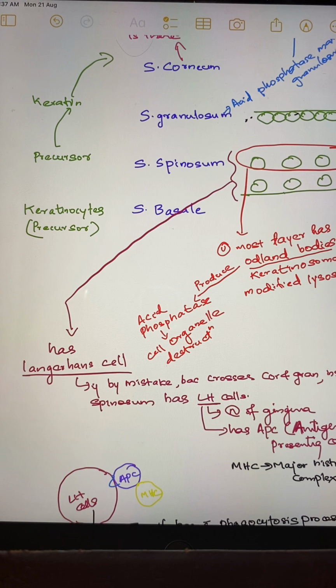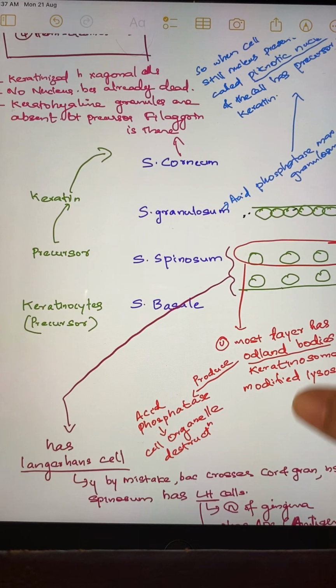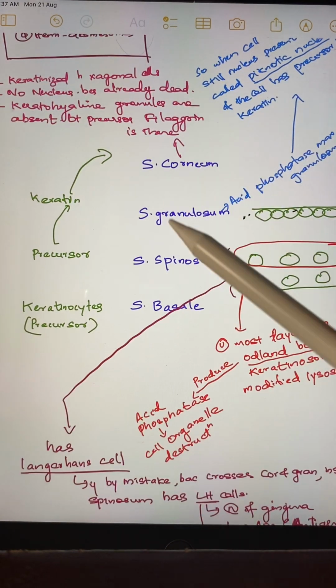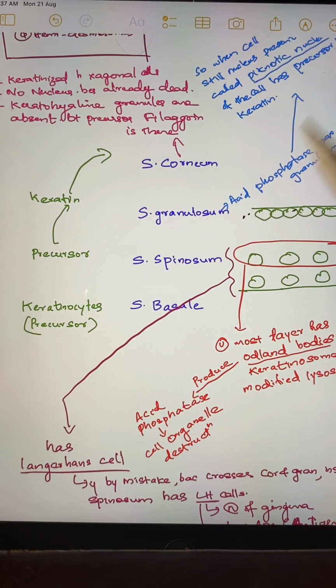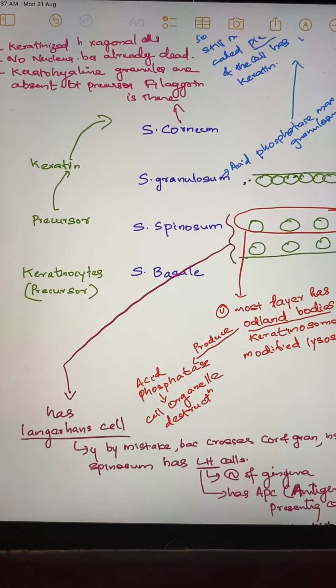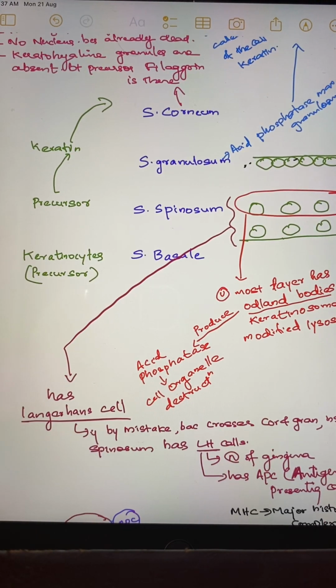That kind of cell is known as the pycnotic nucleus, because they push the contents inside the cell towards the corner. This can be seen in the stratum granulosum, because the concentration of acid phosphatase is more there. That is a feature of the stratum granulosum, the pycnotic nucleus.